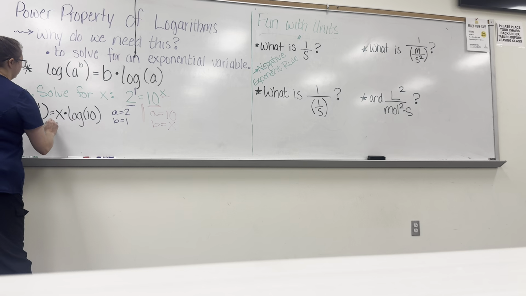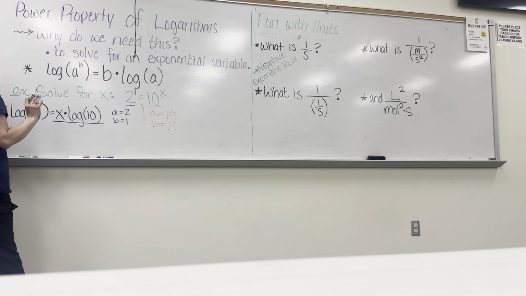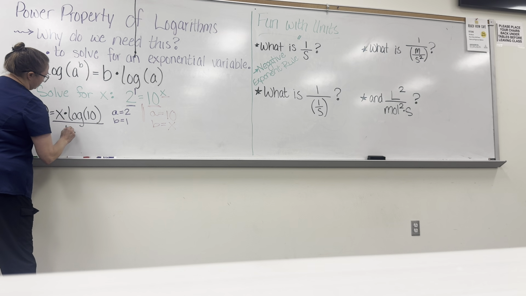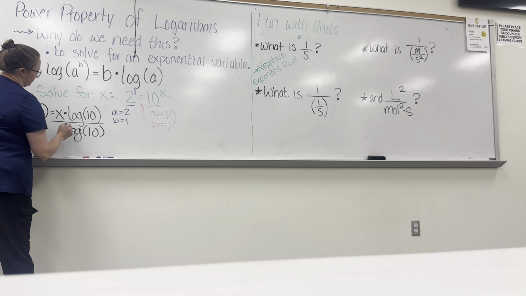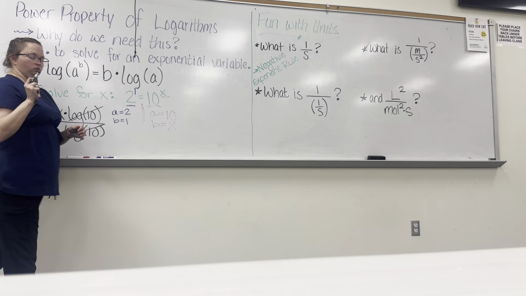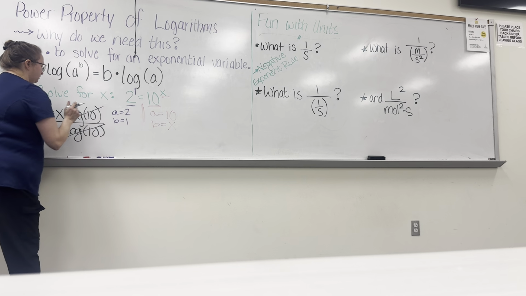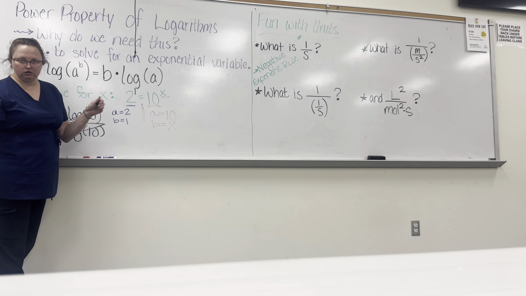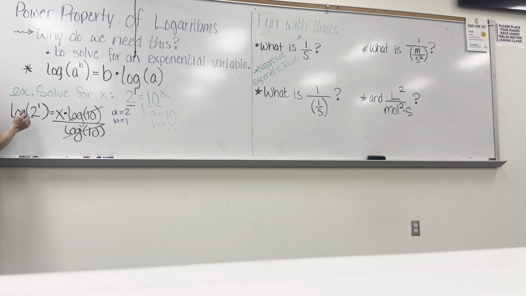So you're going to divide both sides by all this excess junk, log of 10. Log of 10 divided by log of 10 equals 1. That 1 stays here. It's just understood right in front of the x. Then you divide the other side by log of 10.